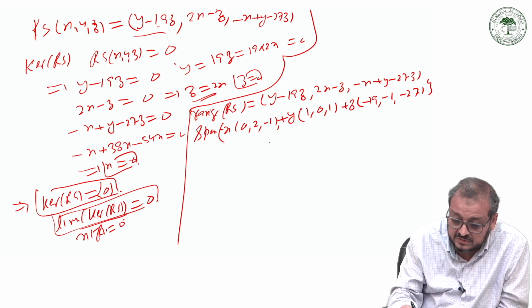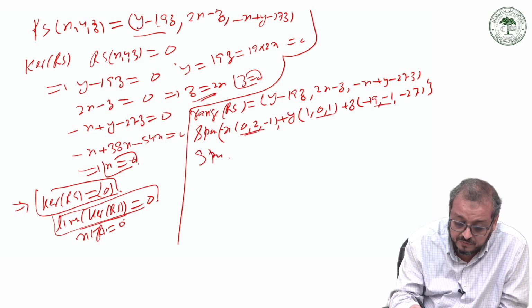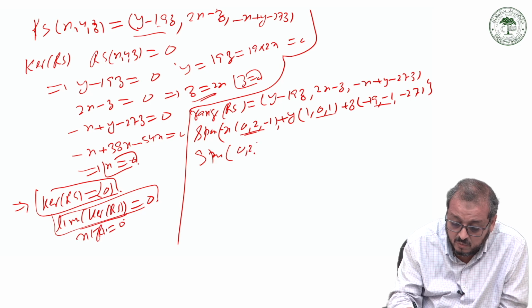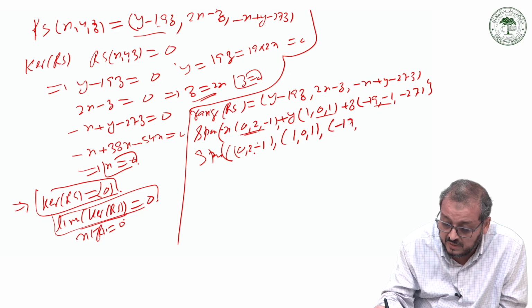Now clearly we can say the span of (0, 2, minus 1), (1, 0, 1), and (minus 19, minus 1, minus 27).